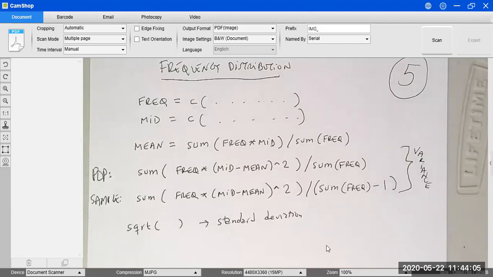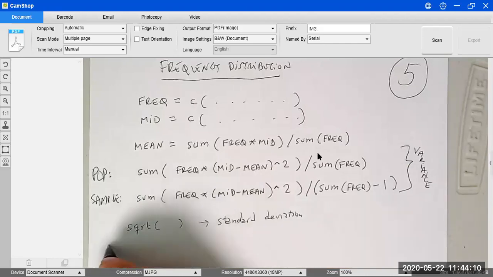So let's work on an example to understand this better.